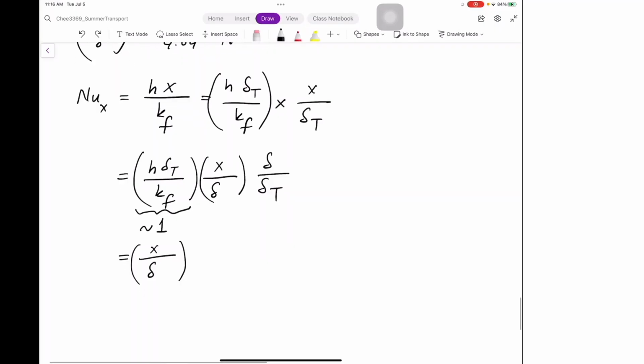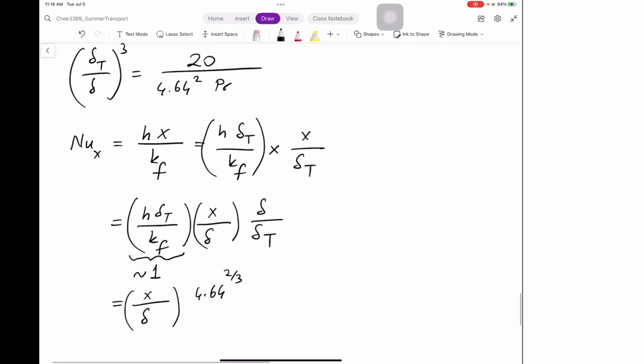We have 4.64 to the power 2 over 3, Prandtl number to the power 1/3, divided by 20 to the power 1/3. Okay.